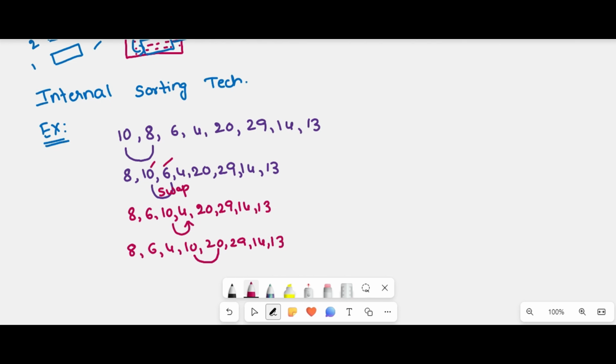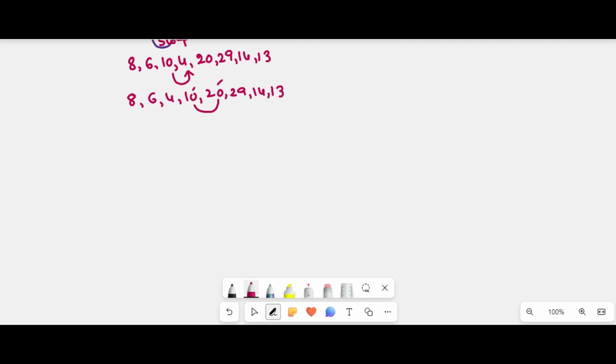Next compare 10 and 20. These two are already in sorted order: this is small, this is large. So no need to swap. Then compare 20 and 29. These are also in correct order, so no need to swap. Then 29 and 14 are not in proper order, so what shall we do?